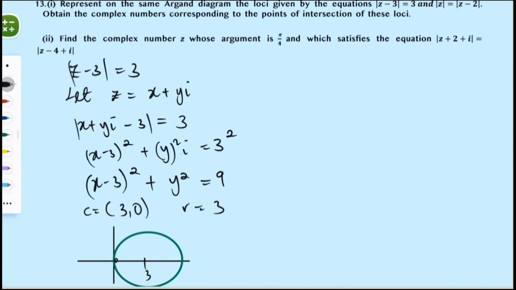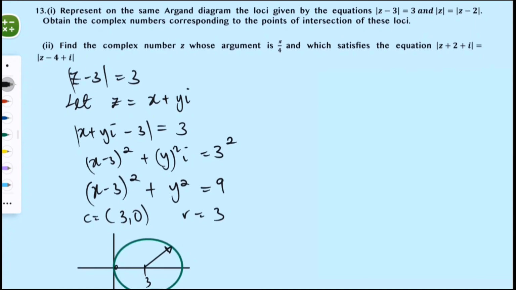Now, the radius, which is the distance from this complex number, is 3. So the diagram would have to look like this, from its center. Okay, that's the first Argand diagram.